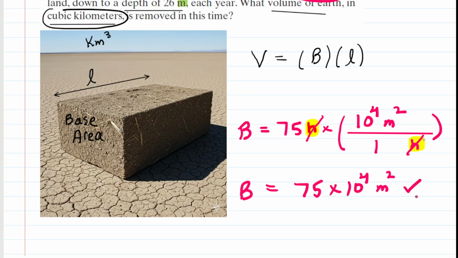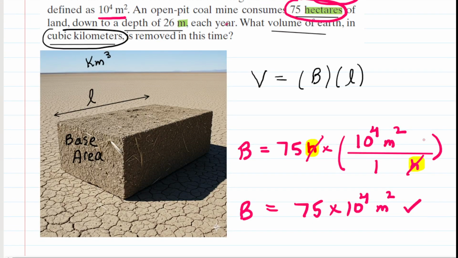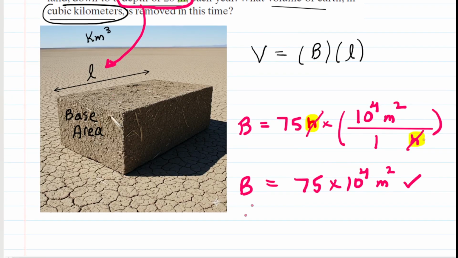So that is a unit, meters squared, that is consistent with the unit of the depth given in the problem. Remember that the depth was in meters. We've called that depth the length of this chunk of Earth, so depth and length are the same thing for this problem. So this means that the length of our chunk of Earth is 26 meters.